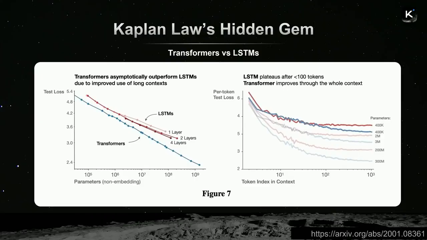But if you look at the curve of LSTM, it just is saturated after a certain number of tokens. It means that transformers have this better capability of capturing longer context, and this is what makes them better.